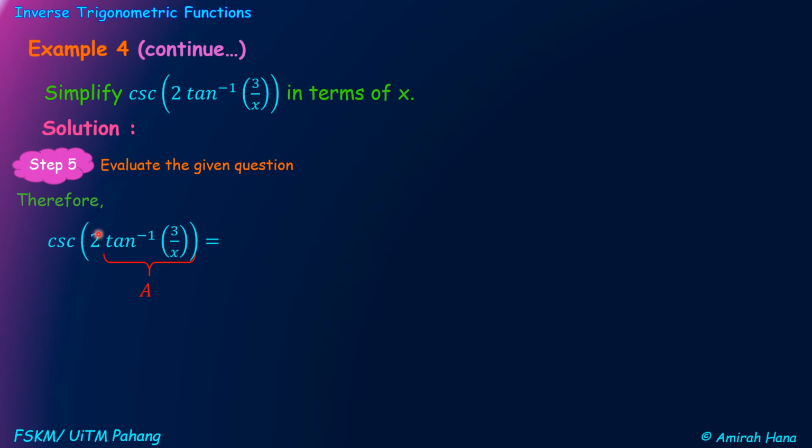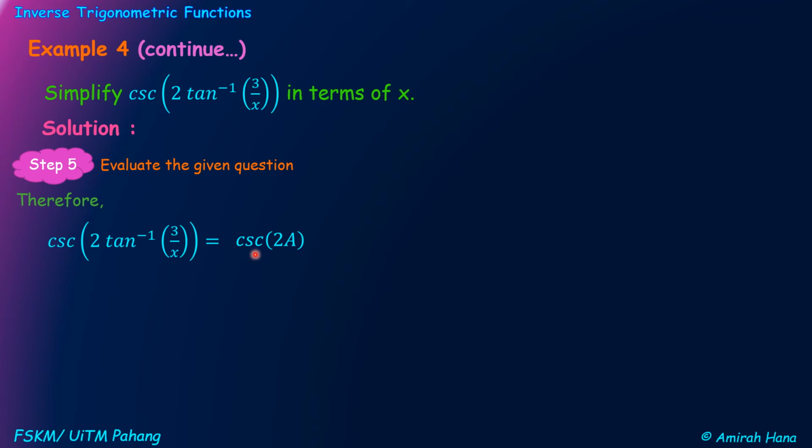The 2 here means we can use a double angle identity. 3 over x comes together with inverse tangent, that's why we let A equal to inverse tangent 3 over x in step 1. So we rewrite in terms of A, and we have cosec 2A.